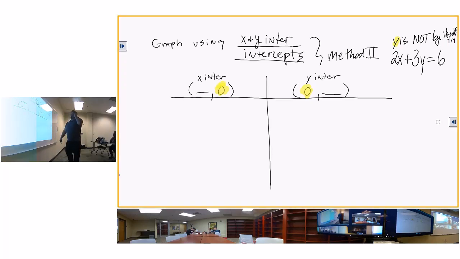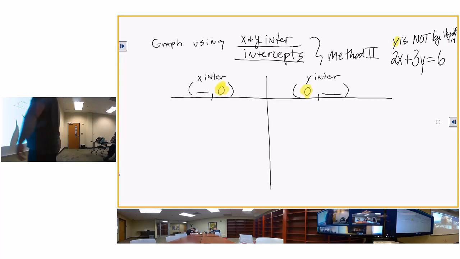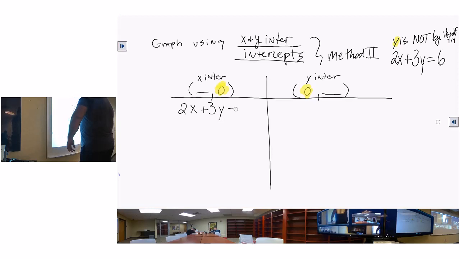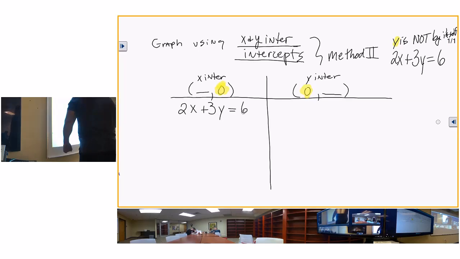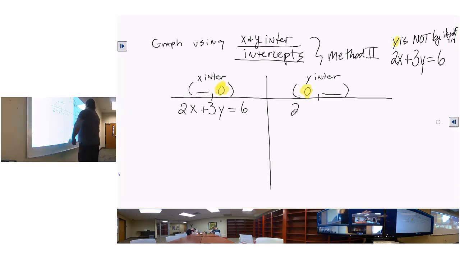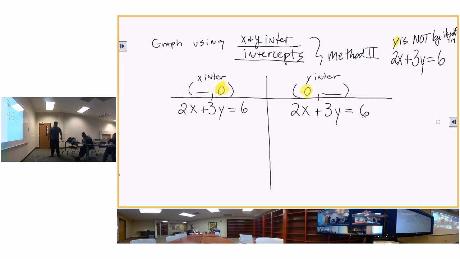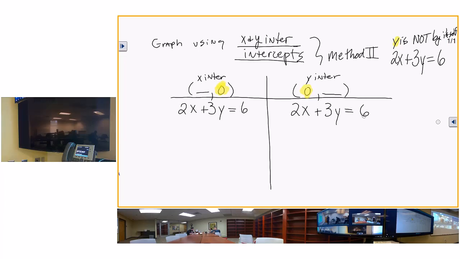Okay, now watch what I do here. 2x plus 3y is equal to 6. Does anybody notice the way I lined the equation up under the table? X and the X and the Y and the Y. Exactly.